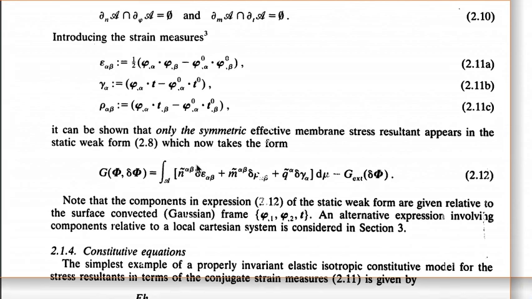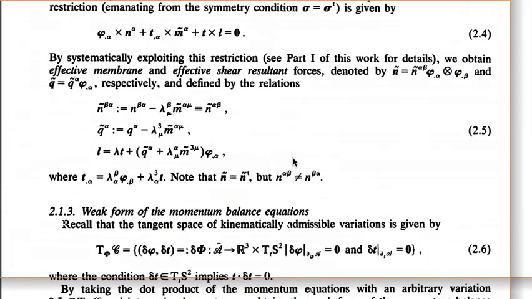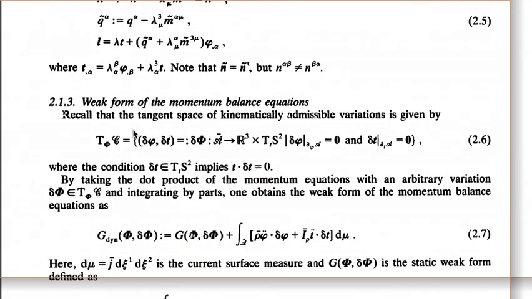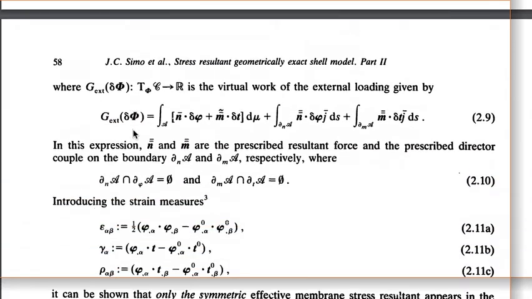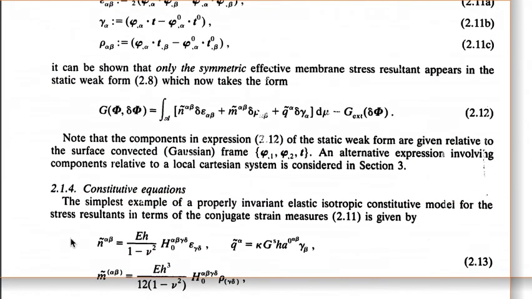So this is the weak form of the momentum balance equations, and here we have the terms n tilde alpha beta, m tilde alpha beta and q tilde alpha, and these are the effective membrane and effective shear resultant forces, which are written in terms of the components of the force and moment resultants resolved along the convected basis. So this can be obtained easily.